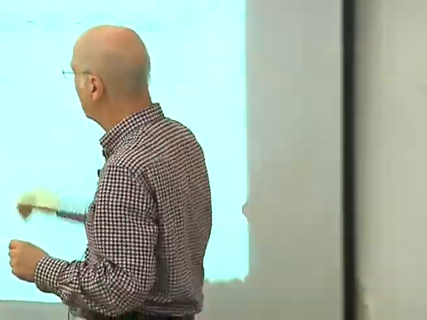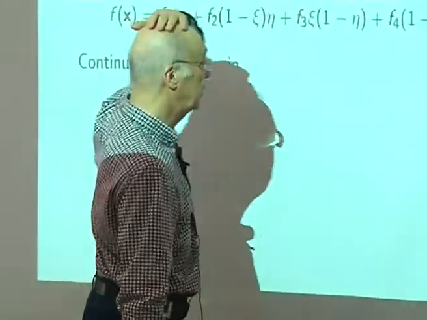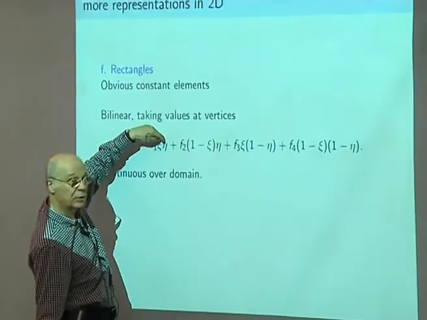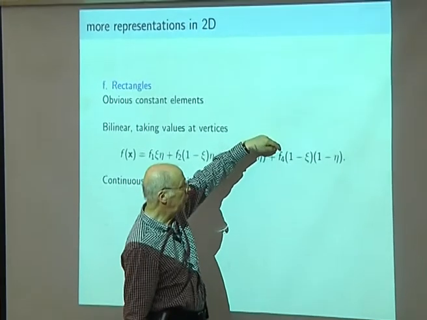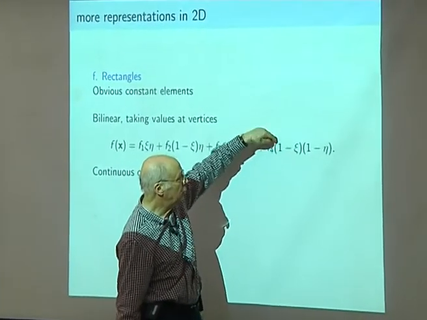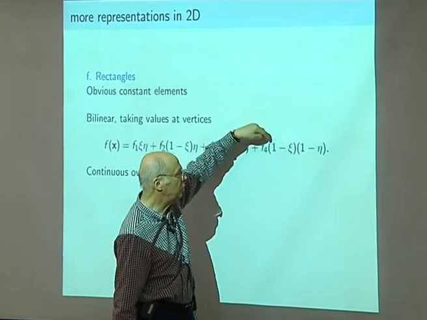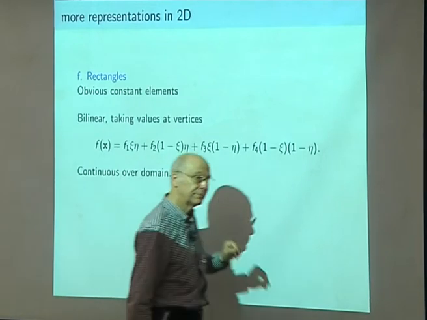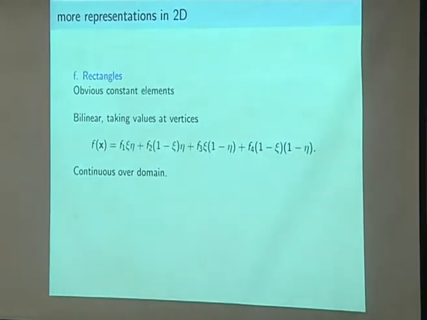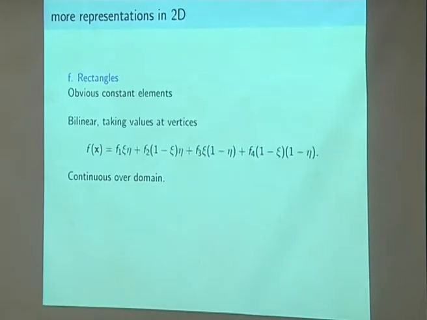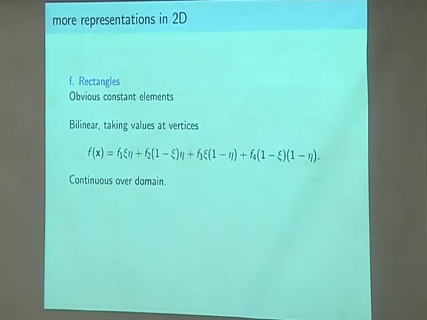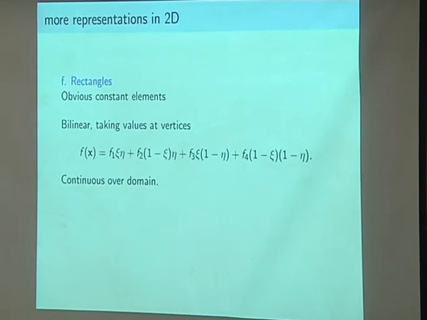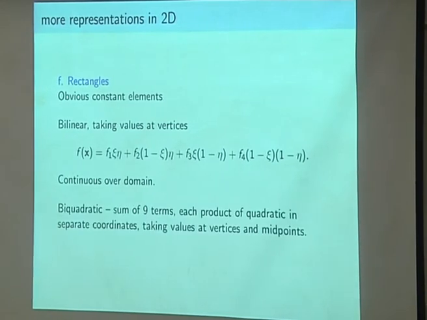This is a function which takes the spot value f1 at xi equals 1 and eta equals 1. This takes the spot value f4 at xi equals 0 and eta equals 0, where the others all vanish, etc. That's continuous over that rectangle, and it would be continuous if you use those same spot values at the vertices, continuous into the next domain, but the derivatives wouldn't be.